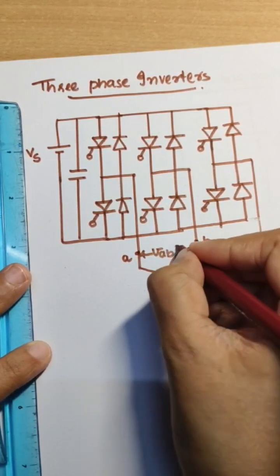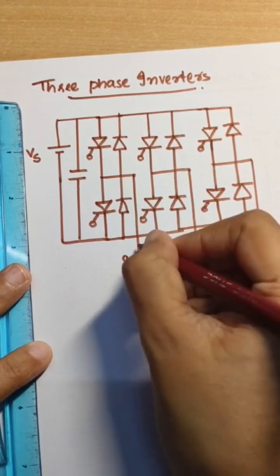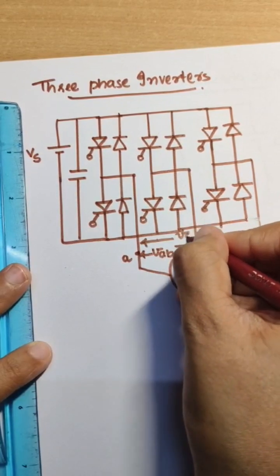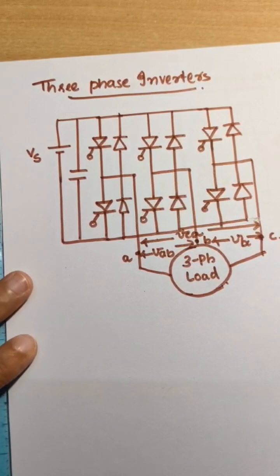VAB, VBC and VCA are the line-to-line voltages.